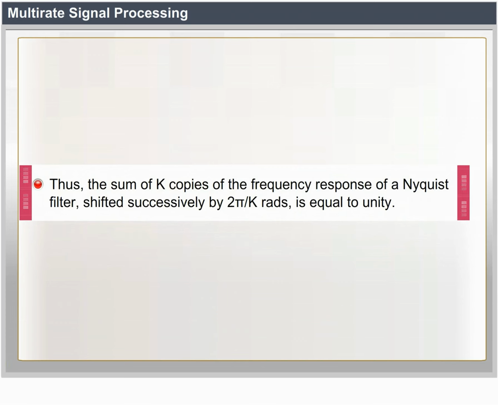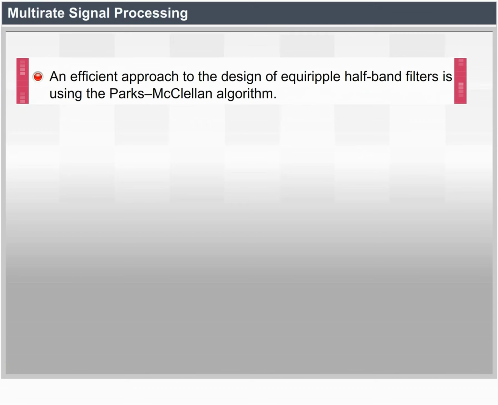An efficient approach to the design of equiripple half-band filters is using the Parks-McClellan algorithm. This approach consists of the following steps. Number 1.